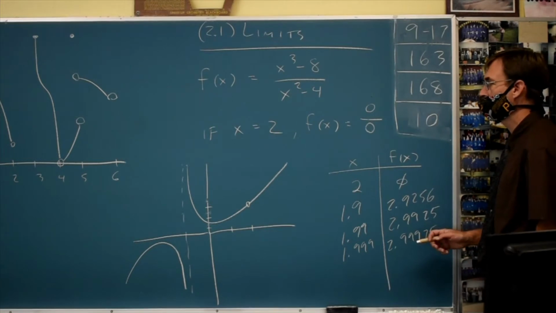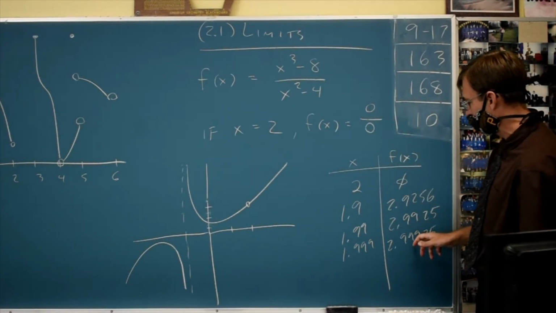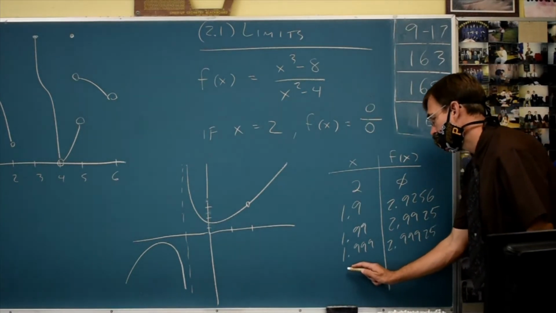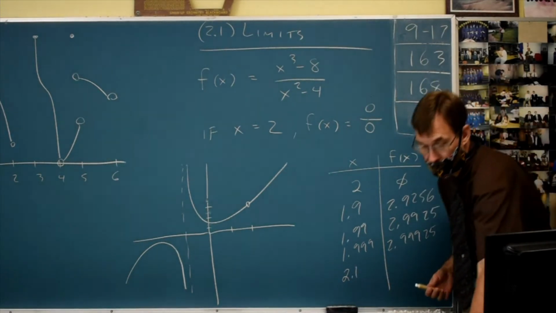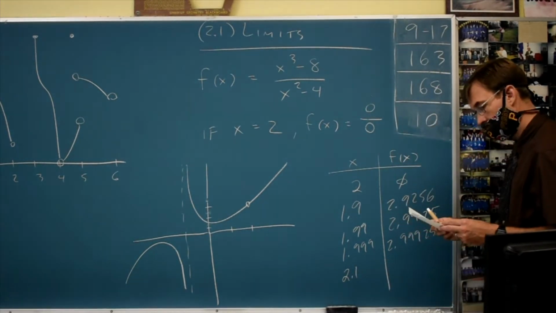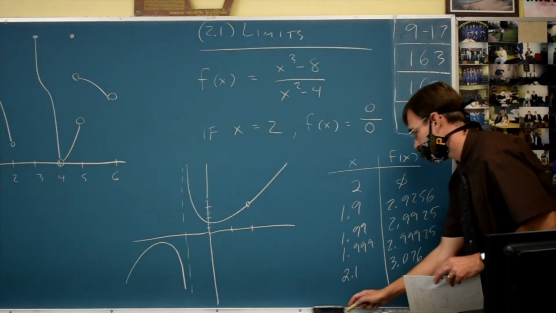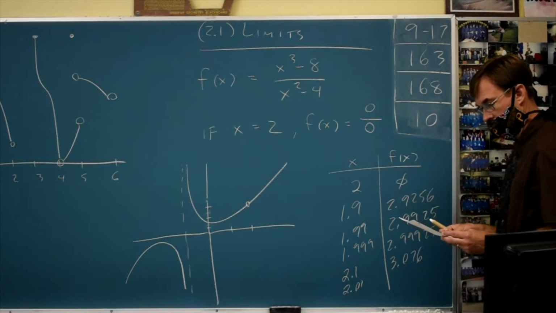You know, it's getting super close. So in this case, 0 divided by 0 potentially is like 3. Another thing you could have yelled that would have been equally good would have been to yell 2.1. 2.1 is close to 2. 2.1 would give you 3.076. Better than 2.1 is 2.01.